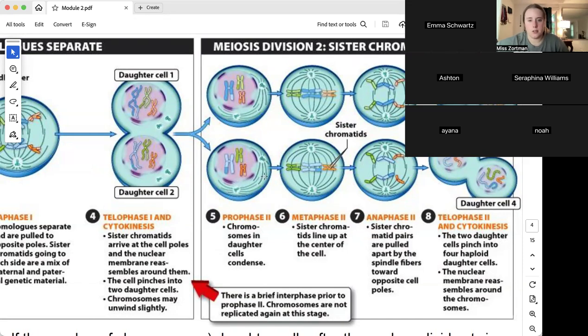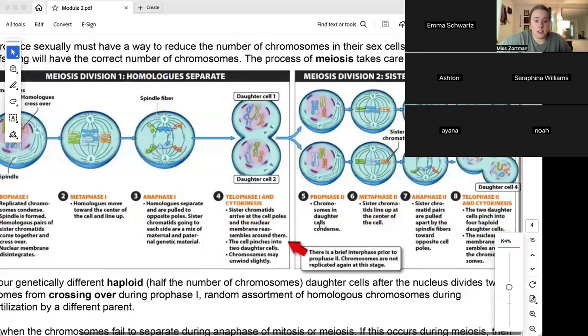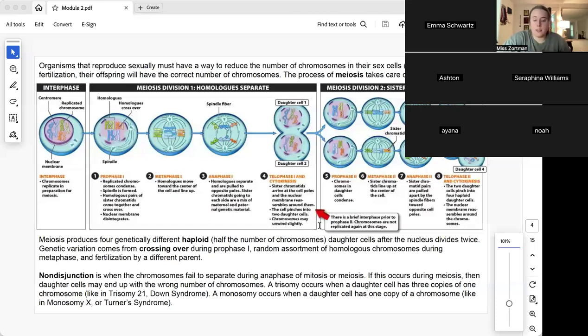Okay, so prophase 2, metaphase 2, anaphase 2, and then they split, and you get four genetically different haploid cells. It's a mouthful. Okay, so that's meiosis. Main thing to keep in mind is the homologous pairing and the crossing over in that first meiotic division.